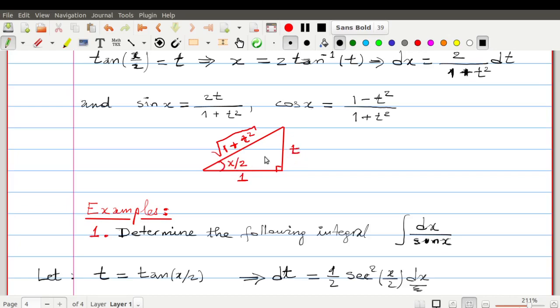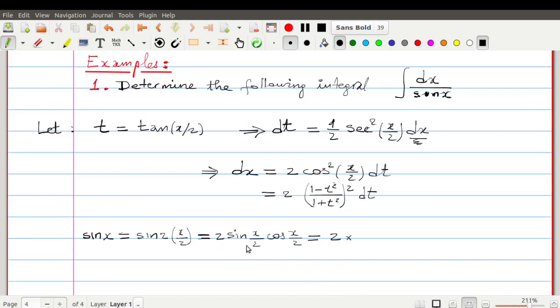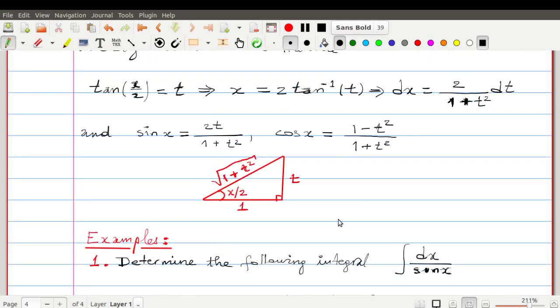I will quickly write the formula here, because we have the cosine of half an angle and sine of half an angle here, and those are the formulas we'll be using. So it's good that I realized.